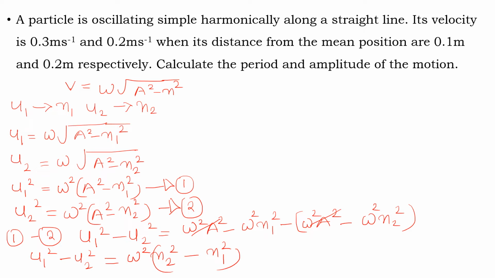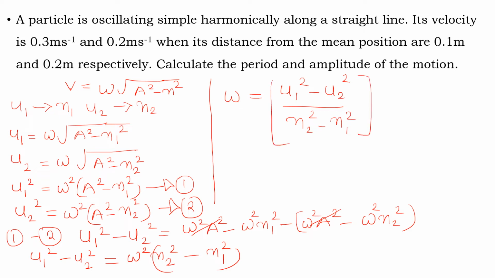That is, omega can be represented as u1 square minus u2 square divided by x2 square minus x1 square, the whole raised to 1 by 2.